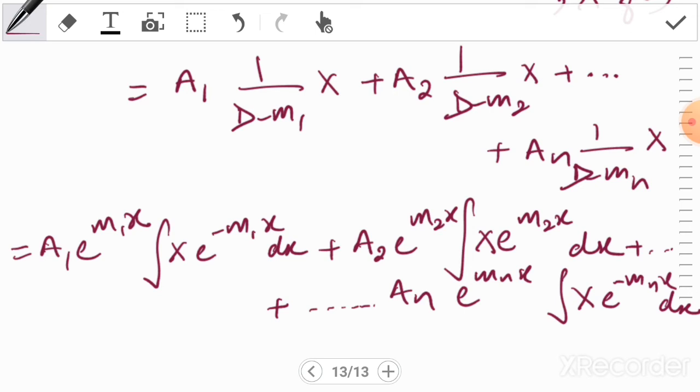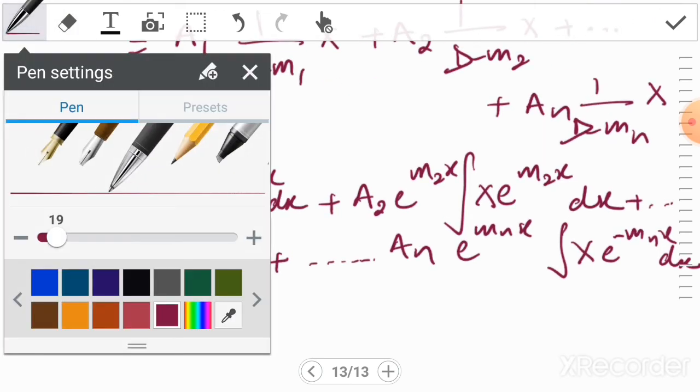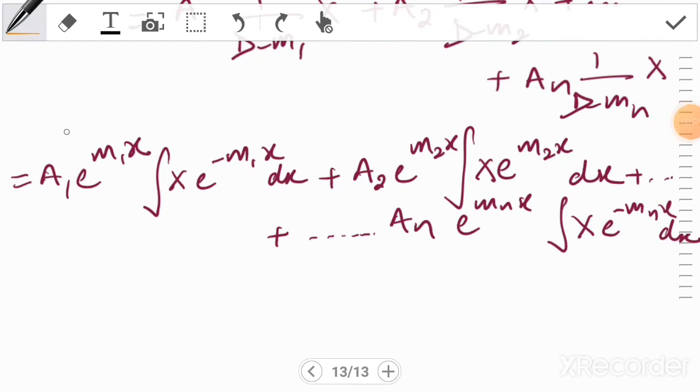So this method is a general one and can therefore be employed to obtain a particular integral in any case and for any function of x.